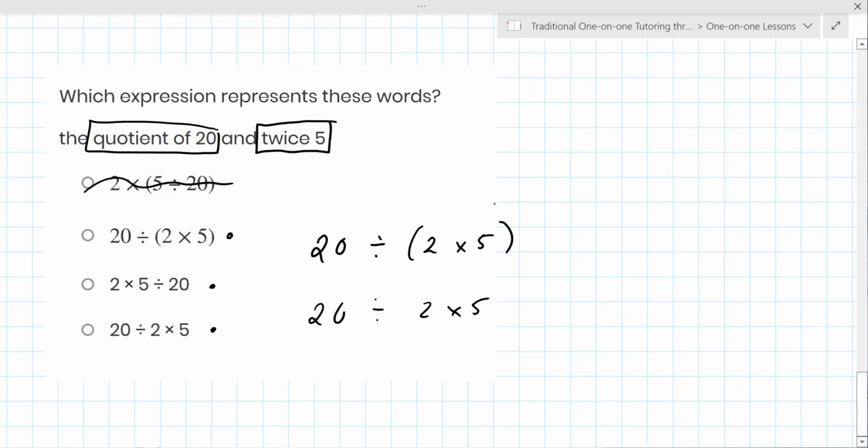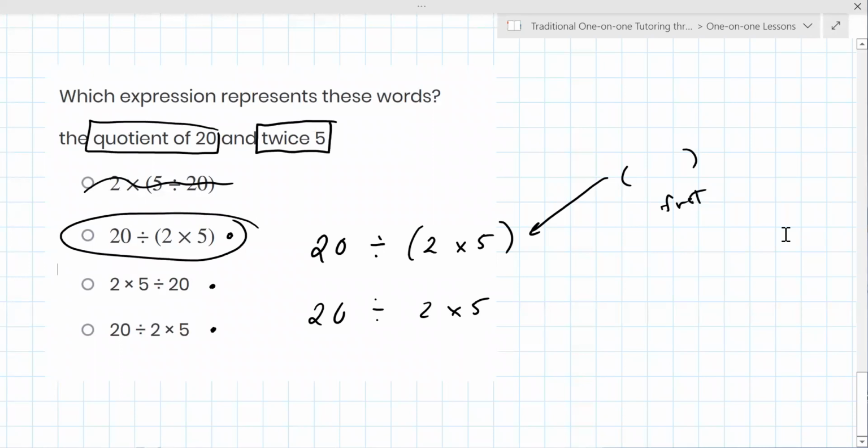So the difference is that in this first one, you do the parentheses first, and that's why it would be correct.